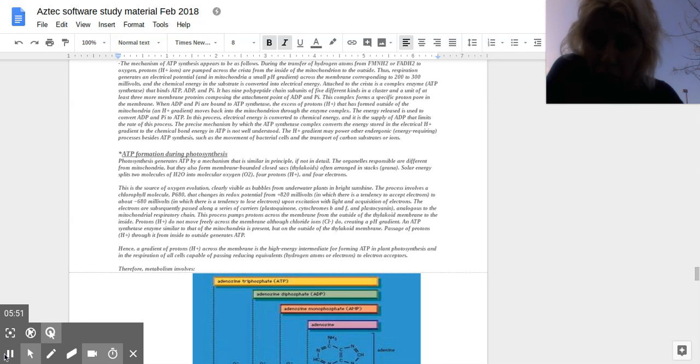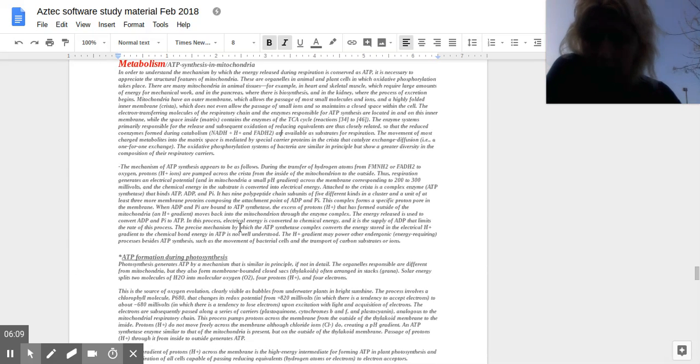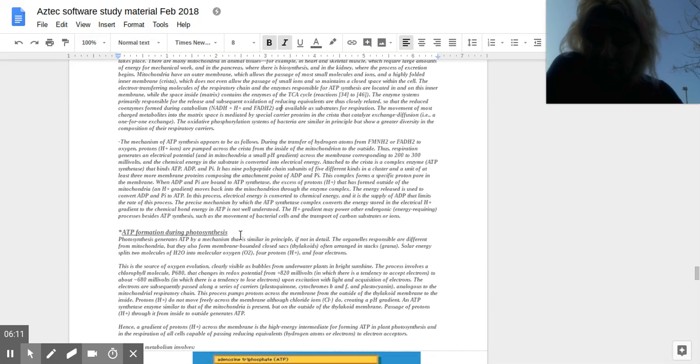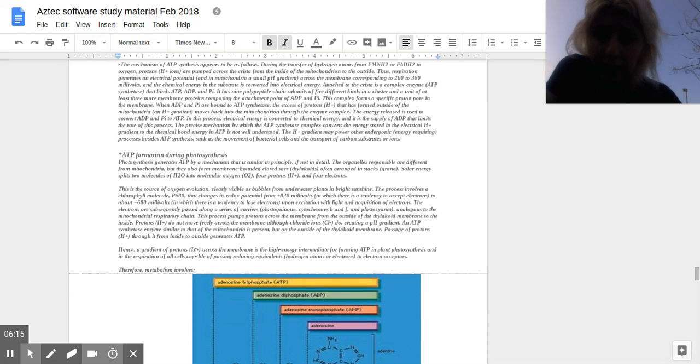ATP formation during photosynthesis. Photosynthesis, though this only occurs in plants, obviously, generates ATP by a mechanism that is similar in principle to what we just learned about the metabolism of ATP synthesis, which occurs in animals.